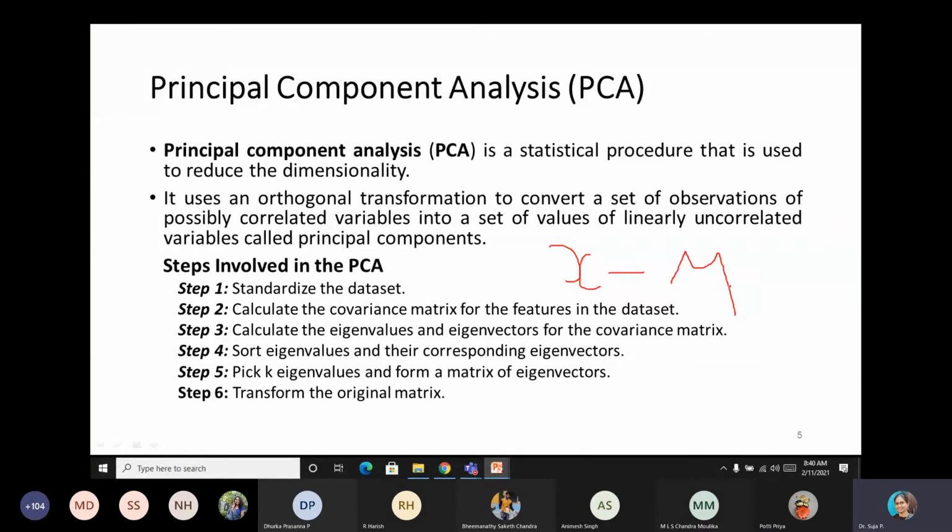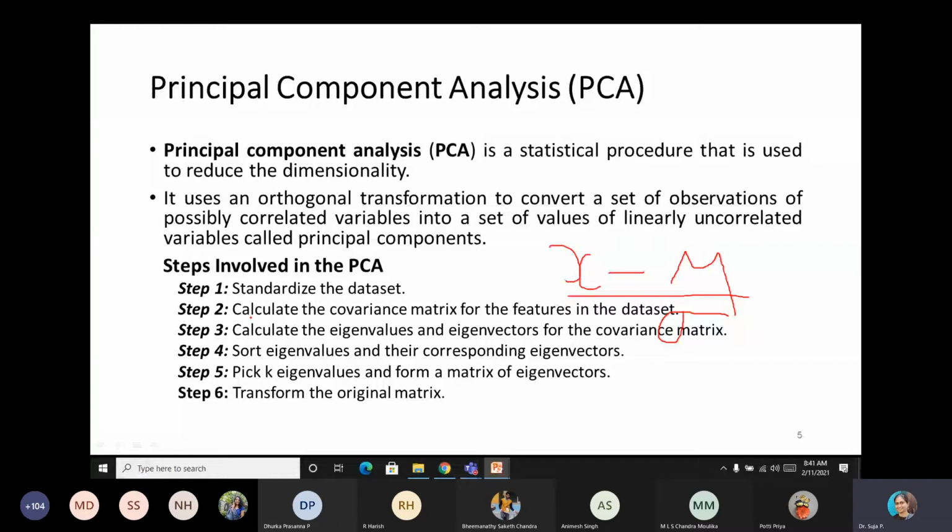We have to remove the mean so that the sum of the elements is zero, which is called zero mean data, and this should be divided by the standard deviation. So the data set becomes x minus mu by sigma. Okay, so this is called standardizing the data set. That means for every element we have to subtract the mean and divide by the deviation.